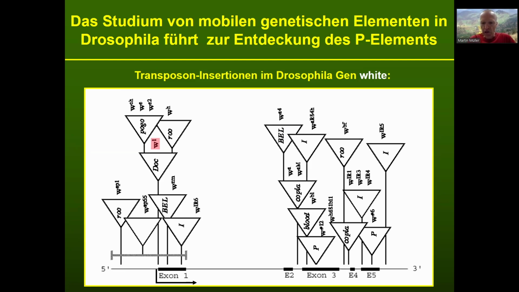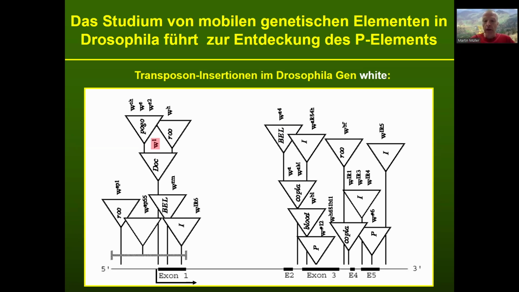You should be aware that the molecular cloning techniques were developed in the 1970s, and it was impossible to do this before. So around 1980, people started to look at these mutations in white and found that these two here had P element insertions in white.